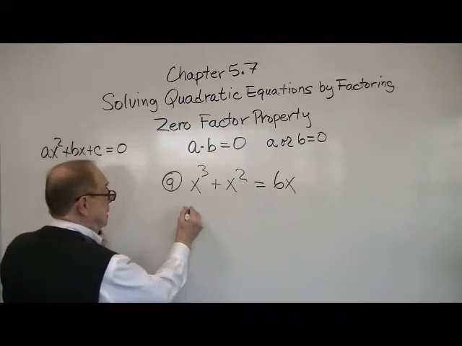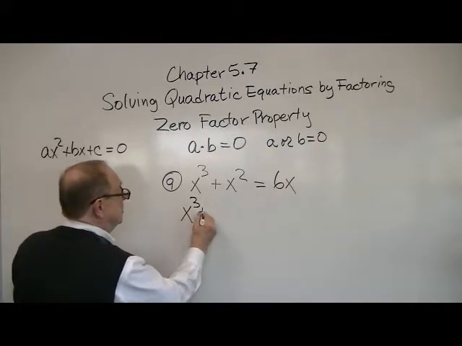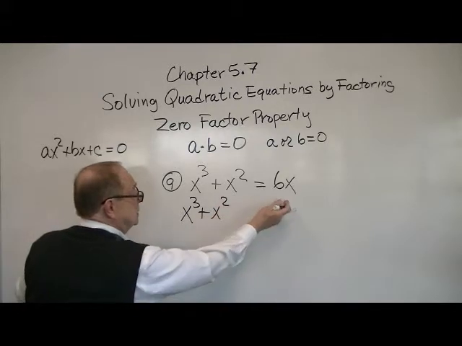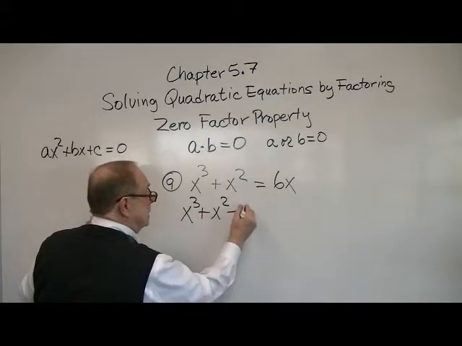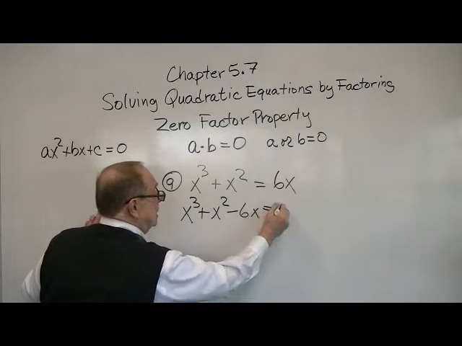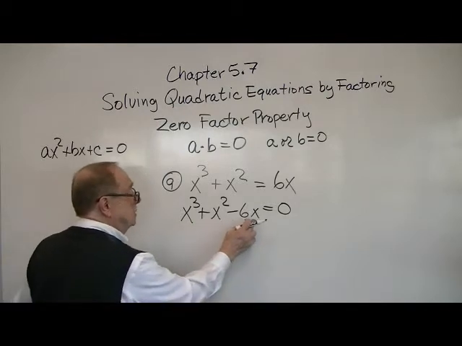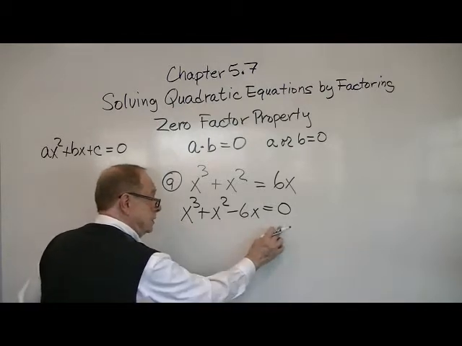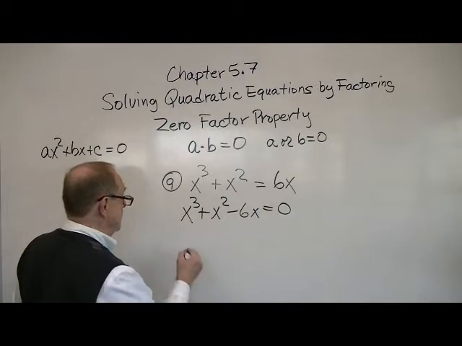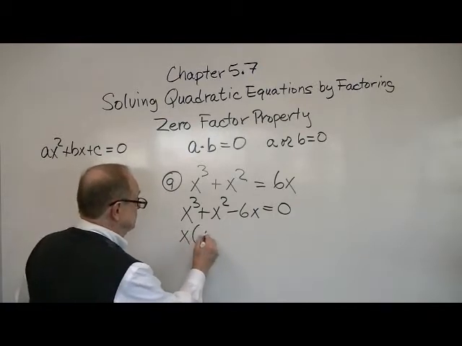So I'm going to rewrite it, x cubed plus x squared, transpose the 6x, negative 6x, equals 0. Now we notice we have a common factor of x in each term, just like we did before. So we factor that out.